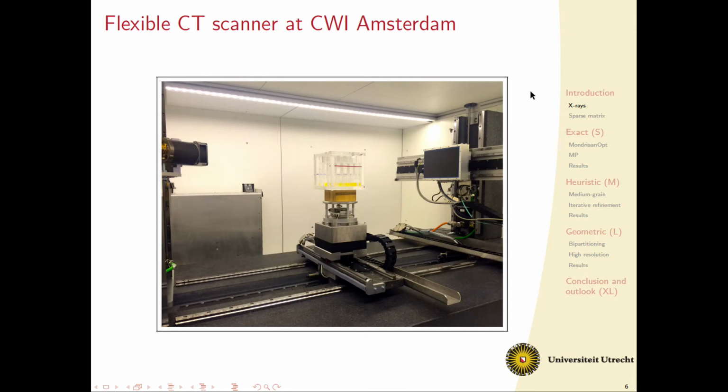There you have the detector, and X-rays are being sent. And in between, there is a stand where you can put objects, and this is the object that we put in there, and it can rotate, and you can do all kinds of complicated trajectories and see what the effect is.